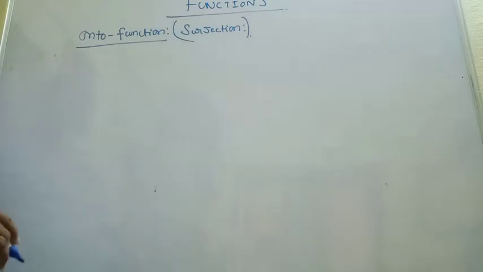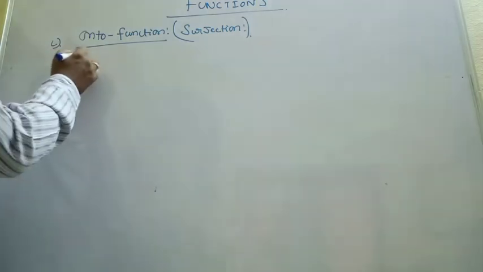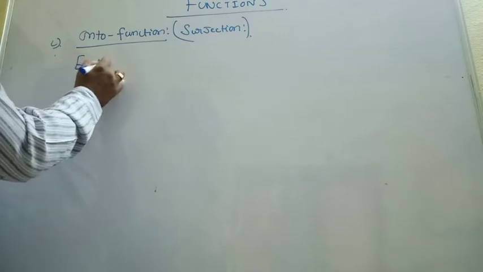Next we have another function called onto function. This is a very important function. Another name for the onto function is surjection. It is called a surjection. What is the definition of that?